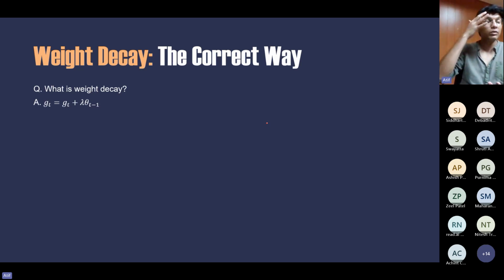So if you remember when you write code, in SGD, torch.nn.optim.sgd, I think something of that sort, we pass the model.parameters, and then we pass the learning rate, we pass momentum, and we also say weight decay equals to some 5e to the power minus some value. So that value just directly gets multiplied to all of your weights in your neural network.